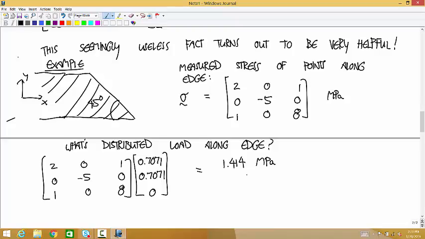What's 5 times... Negative 3.535, I think. And then 0.7071.